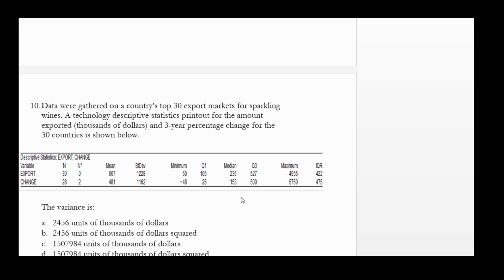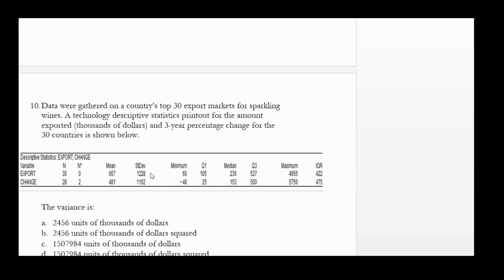Okay, on number 10, I kind of wish I had done this question a little bit differently, or added something to it. It says we've got the 30 export markets for sparkling wines, and we have a descriptive statistics printout for the amount exported. The variance is for the variable export, not for the variable change.